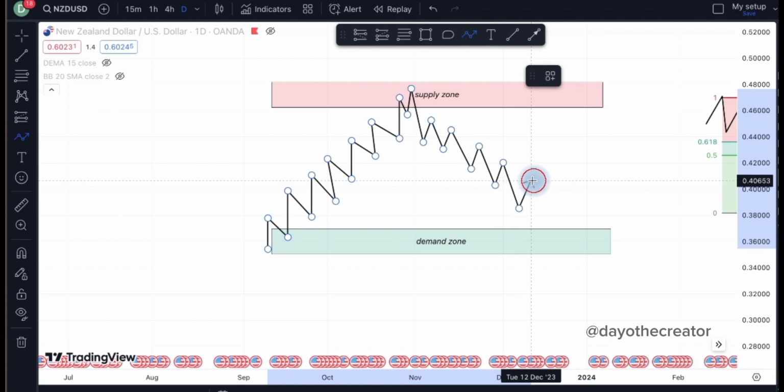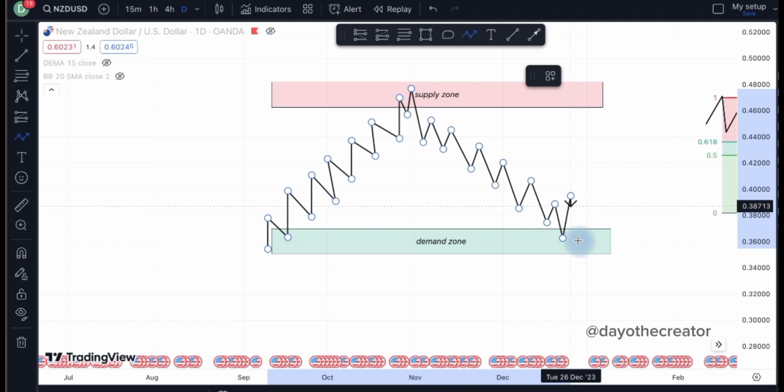When it trends downwards, approaching this zone, it also sets a trap for the early buyers, those people that think, okay, the market is going to buy.